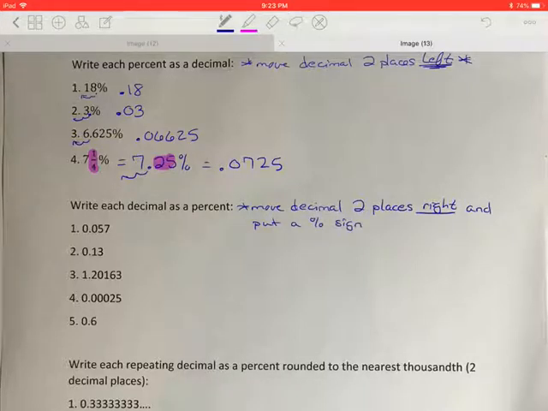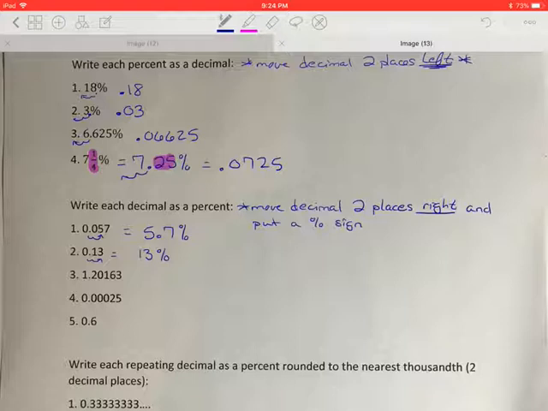Okay, so for the first one, we would take the decimal, we would go 2 places to the right, and that would become 5.7%. And if we do the same thing for number 2, we're going to move that decimal 2 places to the right, and that's going to become 13, and we need to remember to put that percent sign on there.